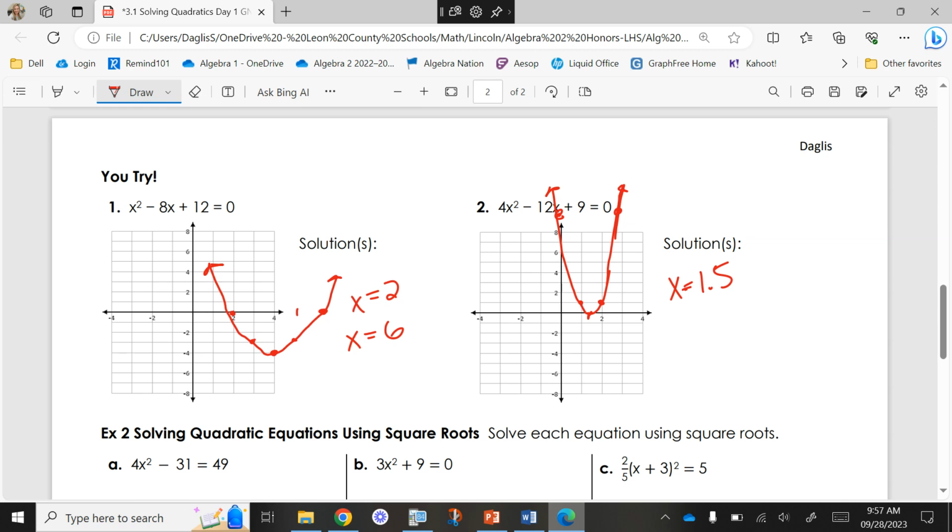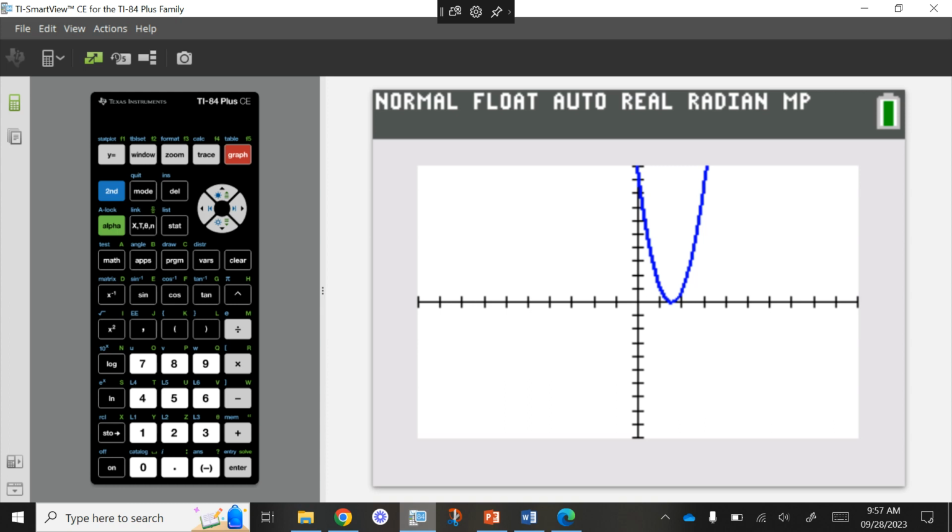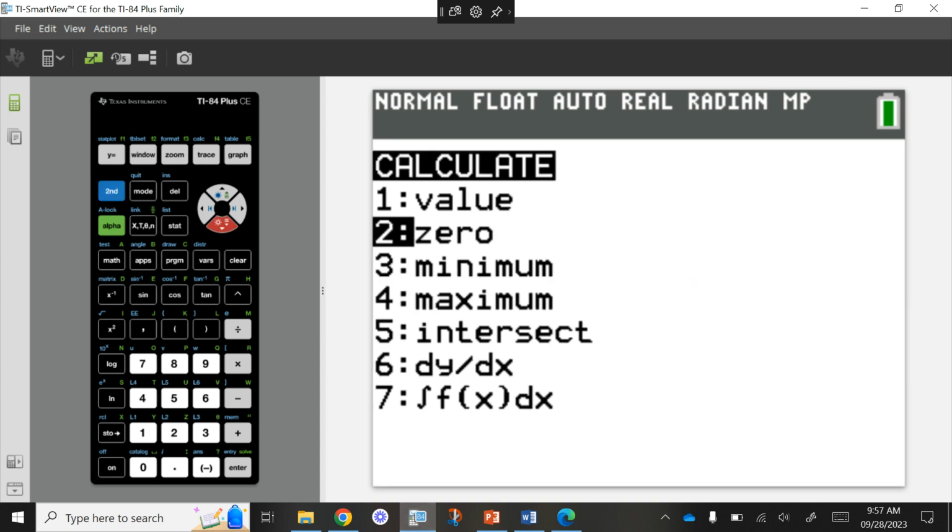We're good? So the solution is just the vertex? Yes. Well, for this one it is, because the vertex is on the x-axis. How can you check? Stay with me. We can look for the value of 1.5 and make sure it's my 0. Actually, let's test a value.